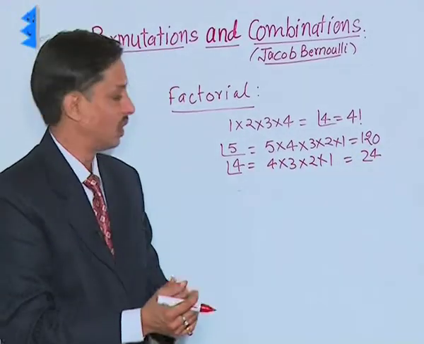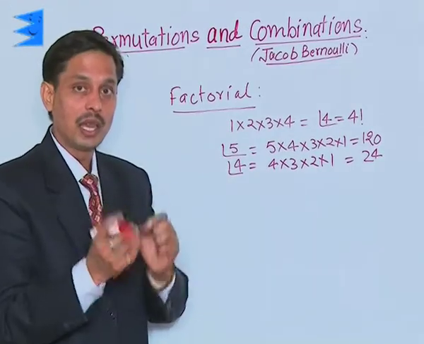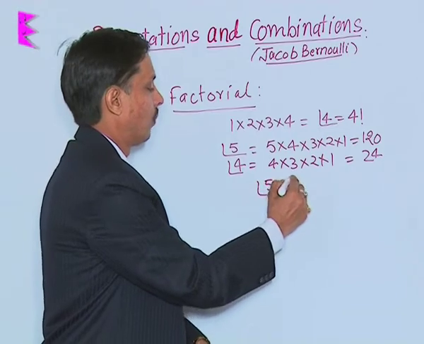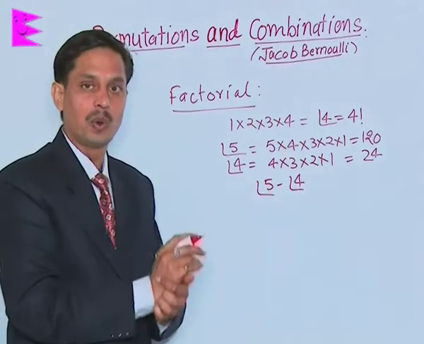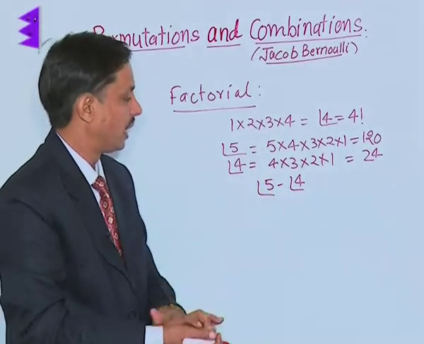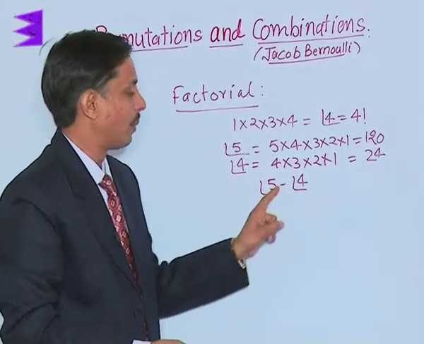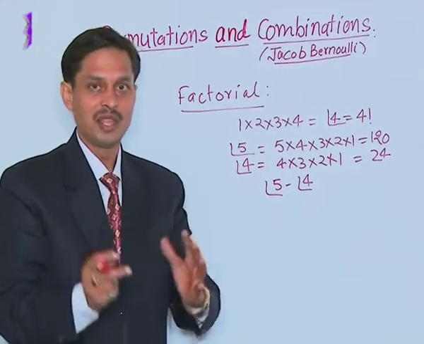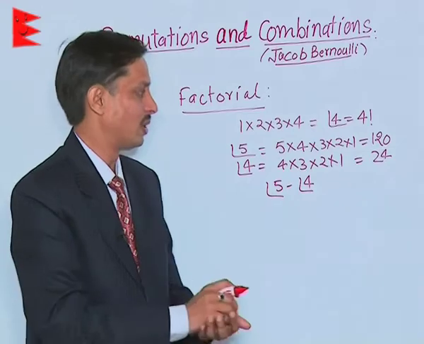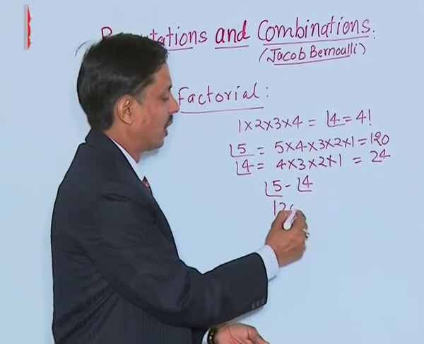Again, the logic is very simple, but we should not make a mistake: if it is written factorial 5 minus factorial 4, it's not the ordinary subtraction where one says factorial is common, 5 minus 4 is 1. It's not. First we calculate the value of factorial 5, which is 120.